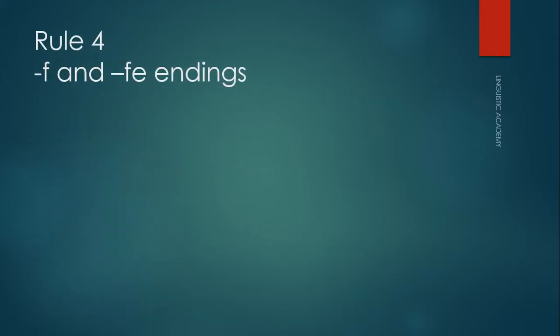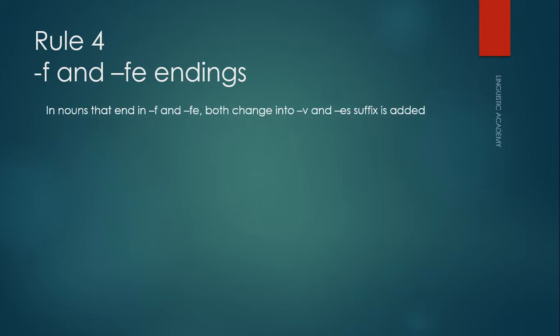Rule 4. F and FE endings. In this rule, we have F and FE at the end. When they are changed into plural forms, F and FE is replaced by V and ES is added at the end.